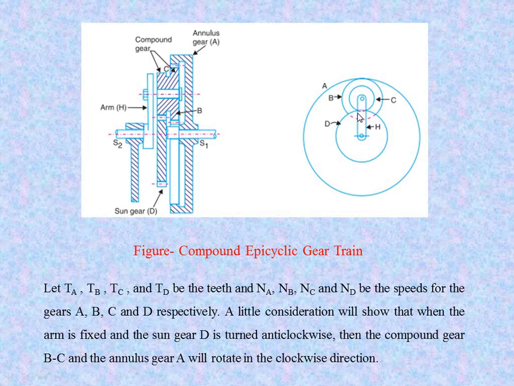Then the compound gear, C, which meshes with D, rotates in clockwise direction. Obviously B also rotates in clockwise direction, and A, the internal annular gear, will rotate in the same direction as gear B.